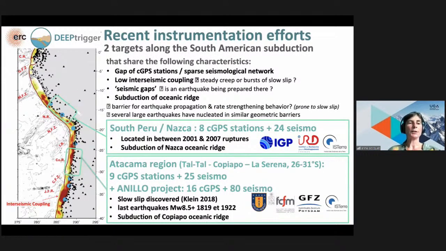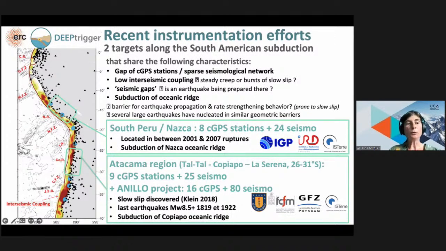So as I said, one thing that is quite important is to complete the data observations. Edmundo Norabuena just before mentioned that we have done quite a lot of instrumentation effort here in South Peru.